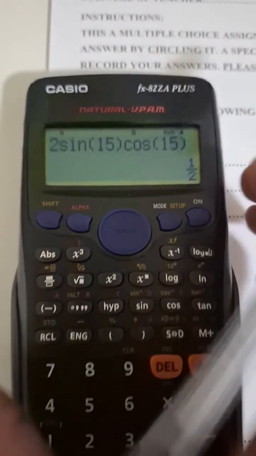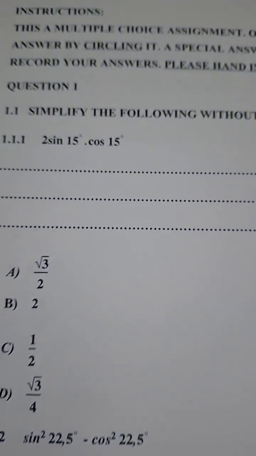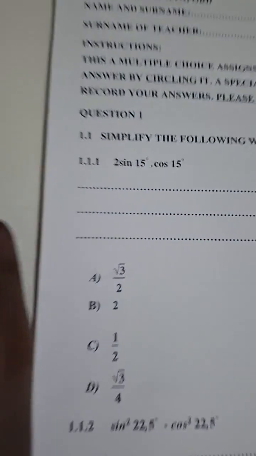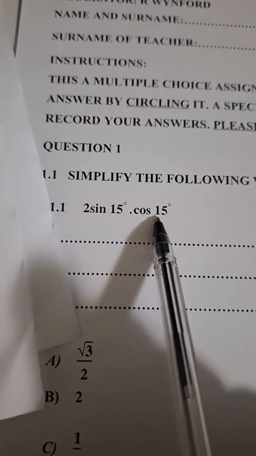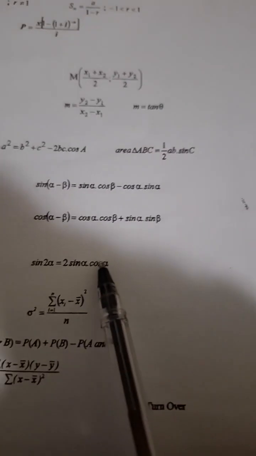So the way we ought to do this question is here, 2 sine 15 cos 15. If you look at this statement, what does it remind you of? Doesn't this remind you of the double angle of sine? This is already the expanded form.